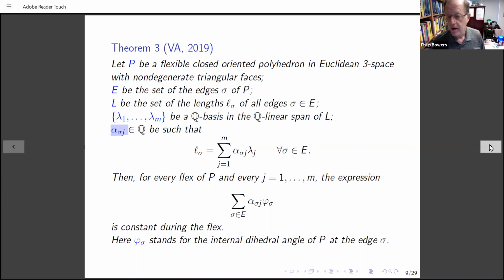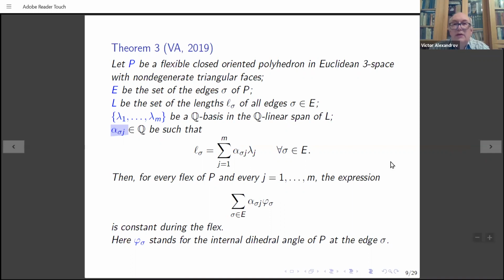There's a question in the chat. It says, can you define a Q linear function, please? Yes, of course. You should take the usual definition of a linear function: f of alpha x plus beta y is equal to alpha multiplied by f of x plus beta multiplied by f of y.